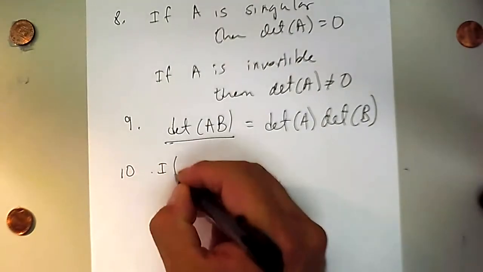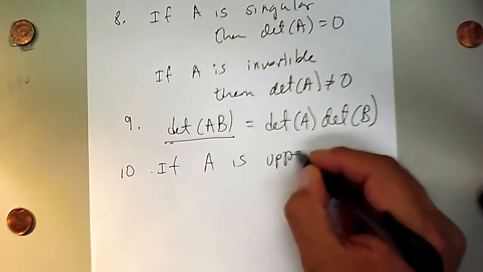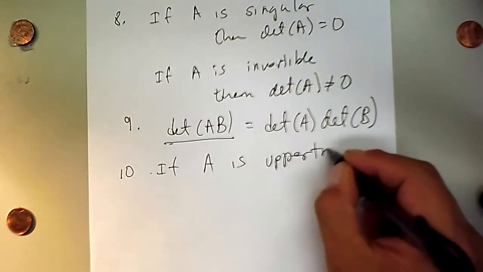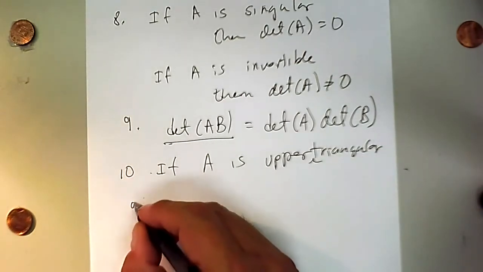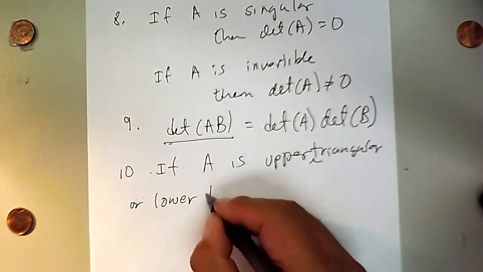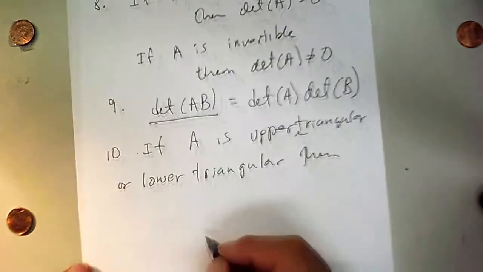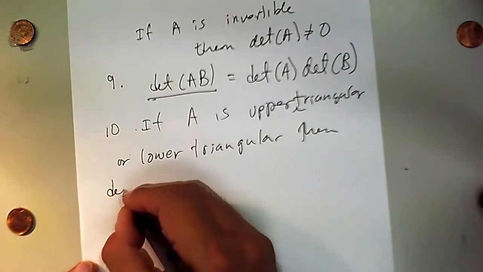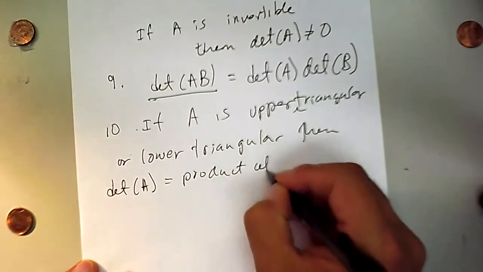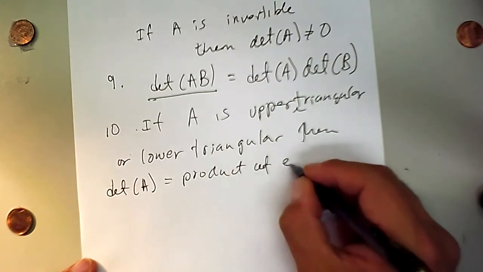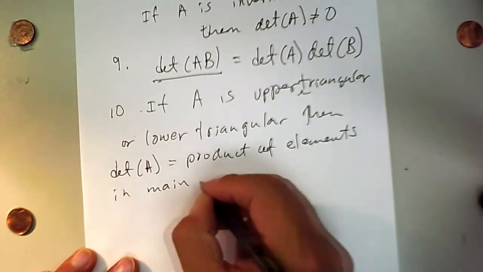So if A is upper triangular, or lower triangular, then determinant of A is equal to the product of elements in the main diagonal.